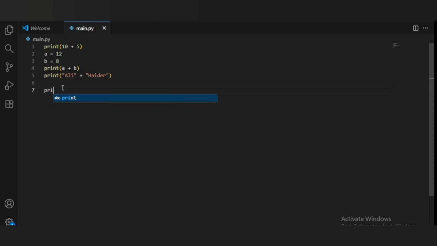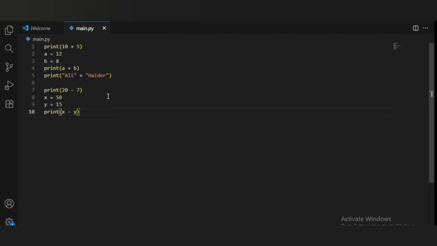First I print 20 minus 7, and another example, x is equal to 50, y is equal to 15. If I print x minus y, this is our second example.